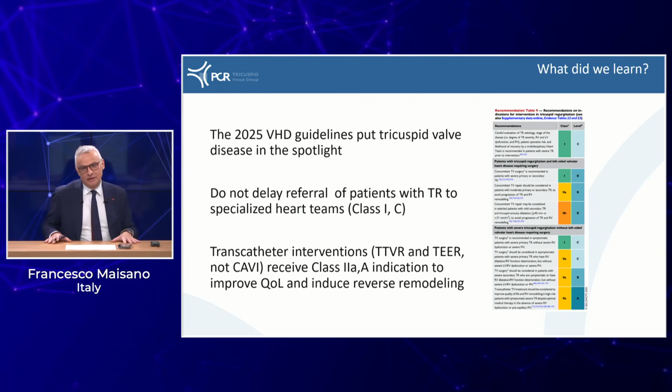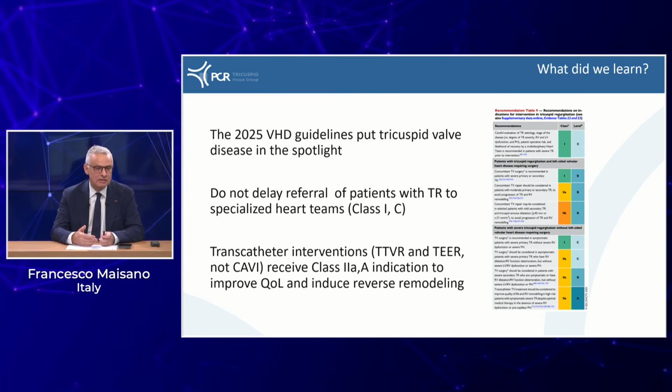What I think is probably important is the class 1 indication: do not delay referral of patients with TR to specialized heart teams. Specialized centers with all the knowledge around the patient.